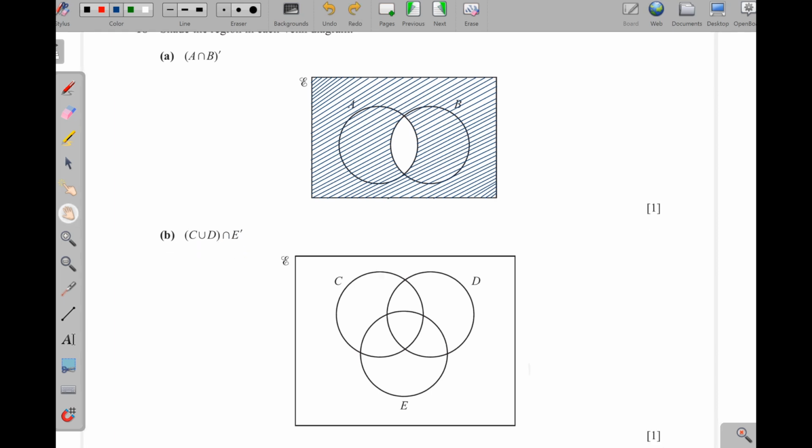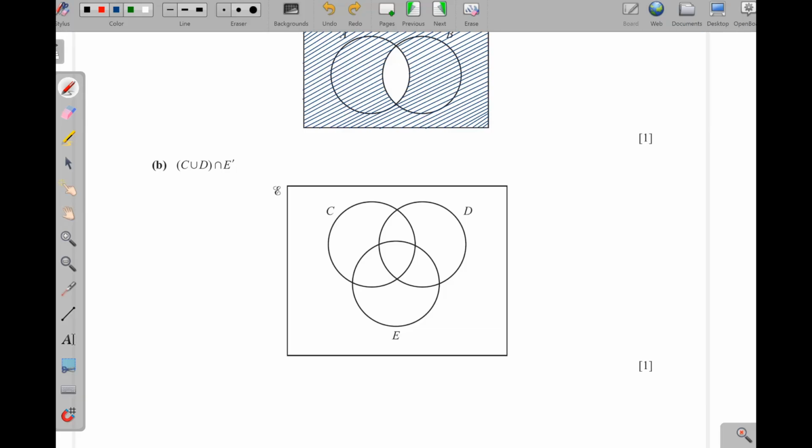Then part B, C union D, intersection E complement. We get C union D, that is everything in C and D, those two sets. After that, intersection means pick a common region. Then what is outside of E?